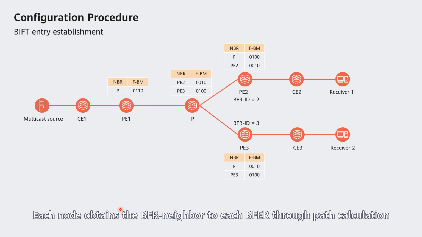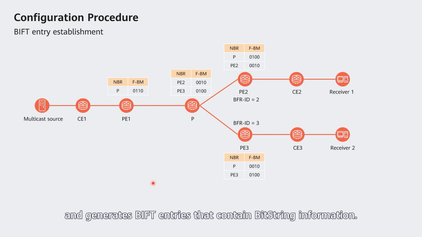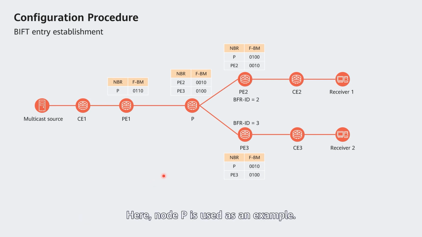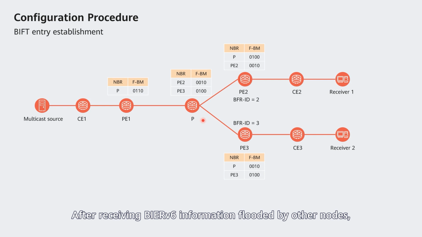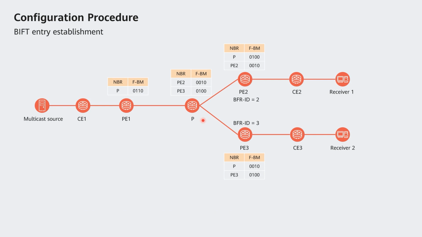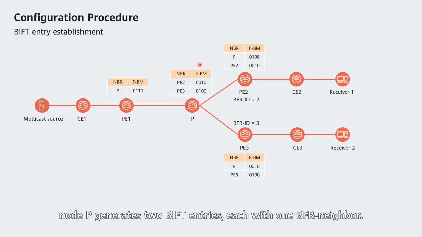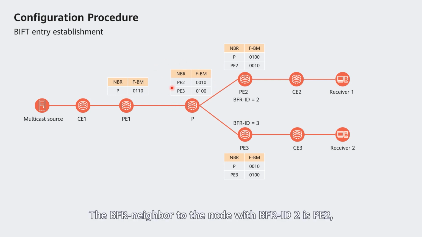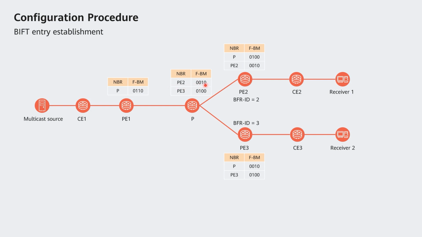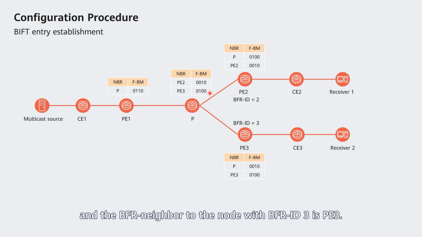Each node computes the BFR neighbor to each BFER through path calculation and generates BIFT entries that contain bitstring information. Here, node P is used as an example. After receiving BIERv6 information flooded by other nodes, node P generates 2 BIFT entries, each with one BFR neighbor. The BFR neighbor to the node with BFR ID 2 is PE2, and the BFR neighbor to the node with BFR ID 3 is PE3.